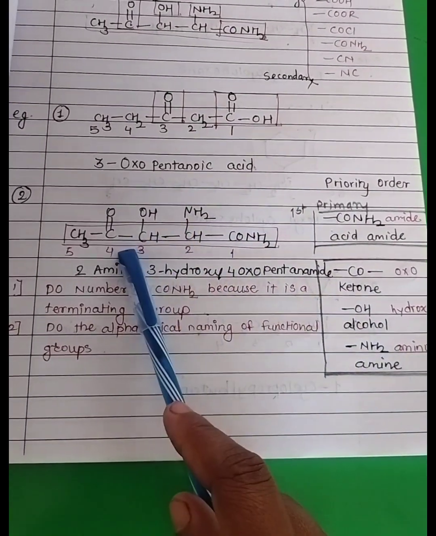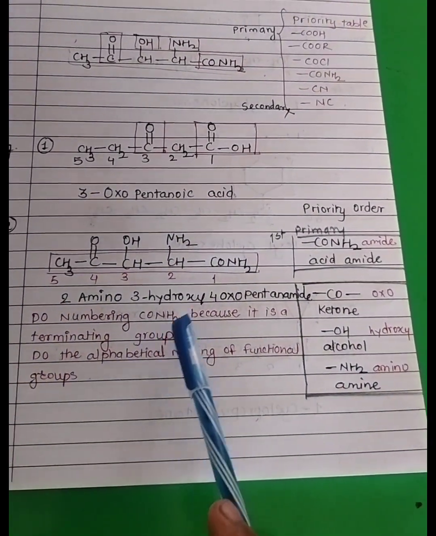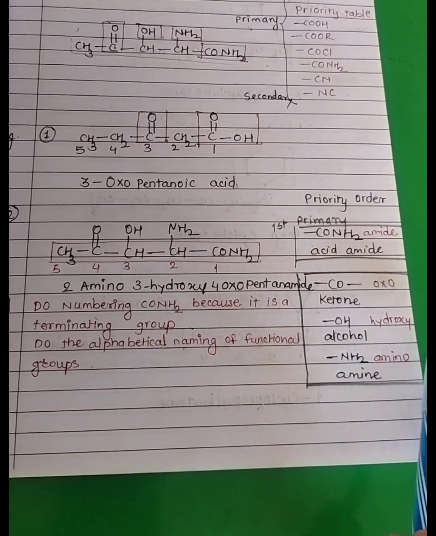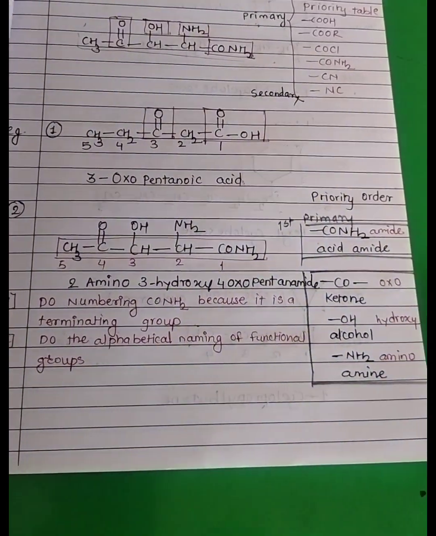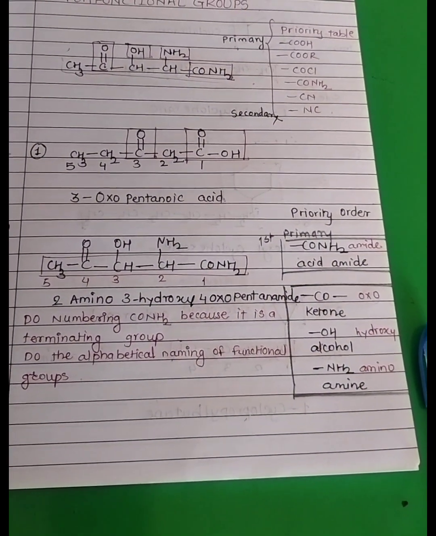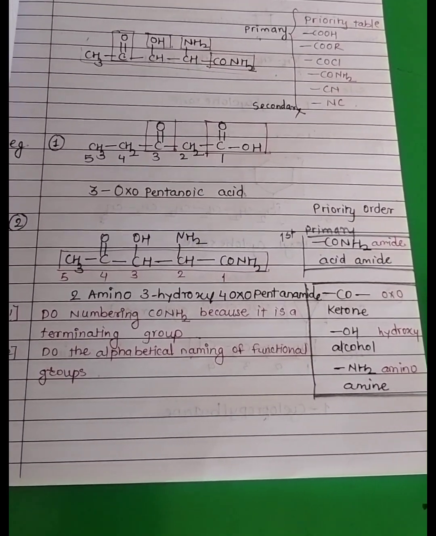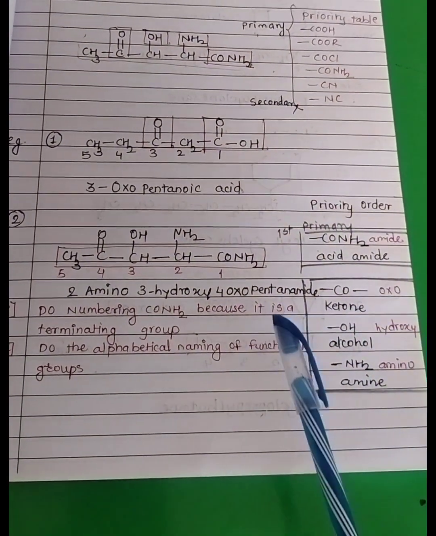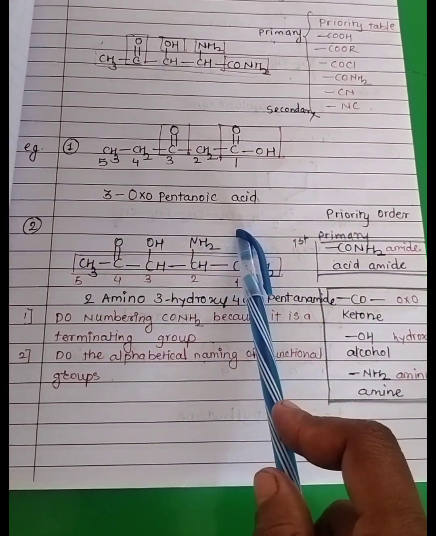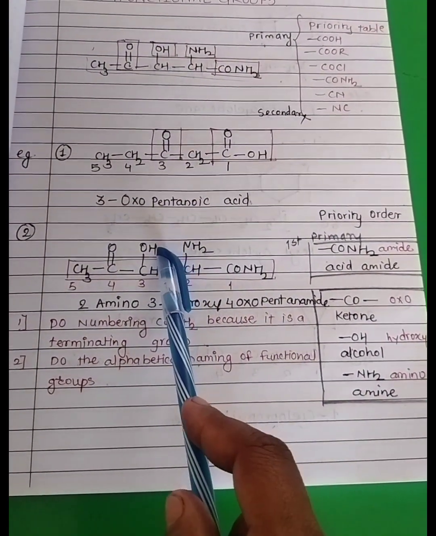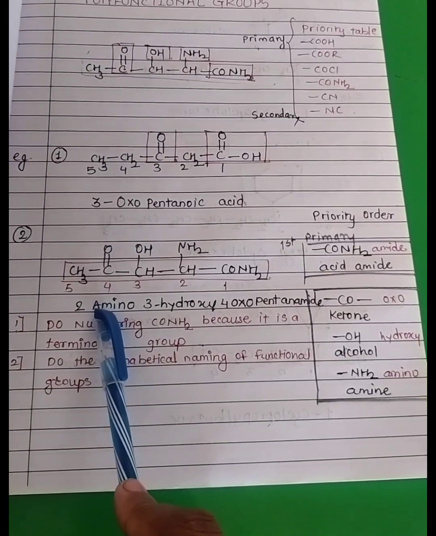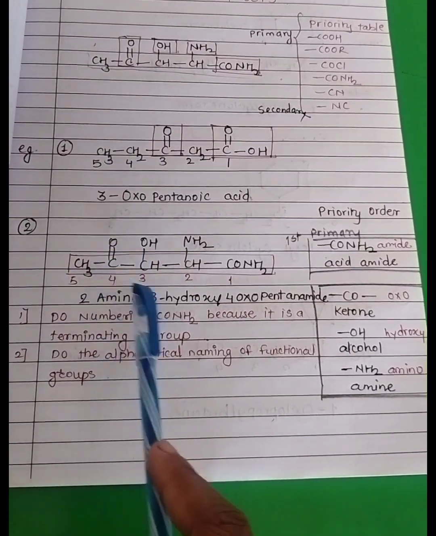So 1, 2, 3, 4, 5, and do the alphabetical naming of the functional groups. Alphabetically, amino comes first, then hydroxy, then oxo. So the name of the compound: the second carbon has an amino group, the third carbon has a hydroxy group, and the fourth carbon has an oxo group.